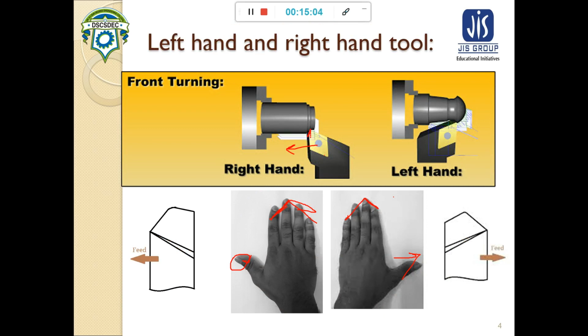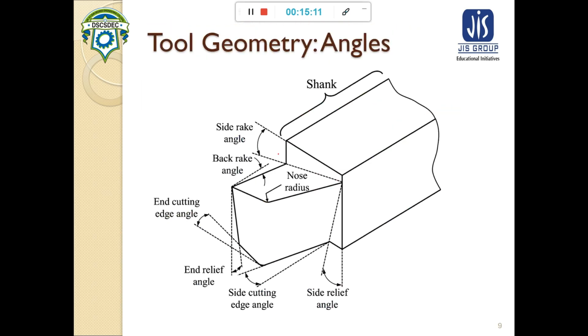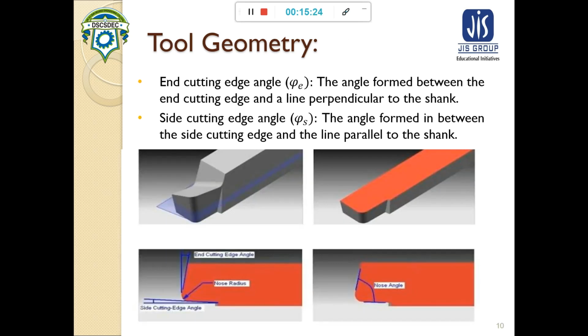Principal cutting edge means the edge which is in the direction of the feed. In the principal cutting edge there will be the side cutting edge angle, and in the secondary, the end cutting edge angle. So this is the tool geometry of the angles.